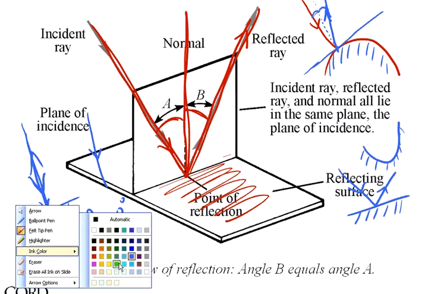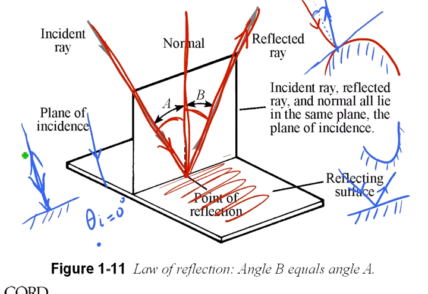So let's choose a different color. Now let's say the angle of incidence starts increasing. It becomes, let's say, 2 degrees, and then 3 degrees, and then 4 degrees, and so forth. What's going to be happening to the angle of reflection?